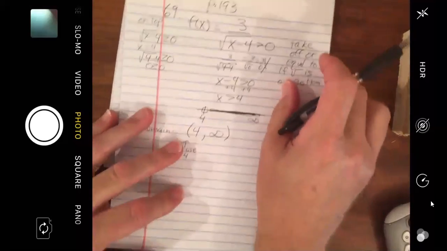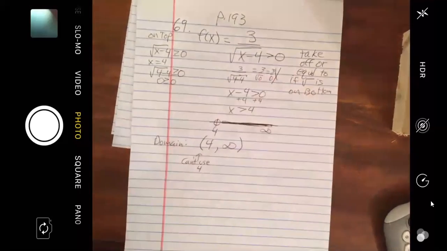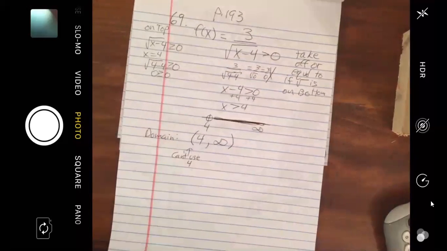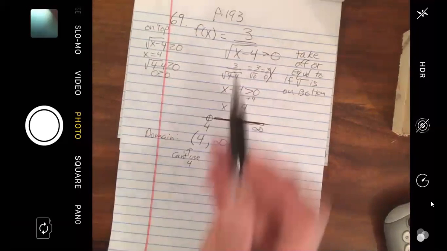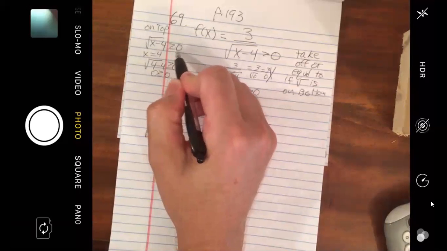All right, so more examples, something like 69. And this is where things get tricky and how it's technical and how it's hard to tell you every single detail. But I just said square roots make them greater than or equal to 0.